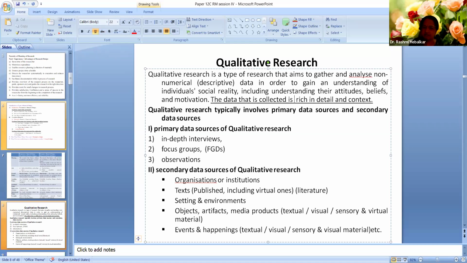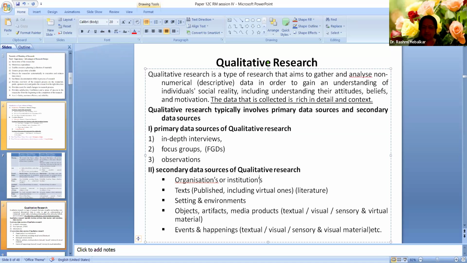And secondary data, which is in the form of internal and external information. So organizations' or institutions' information, that is also qualitative. Text that is published in the form of books and n number of things.